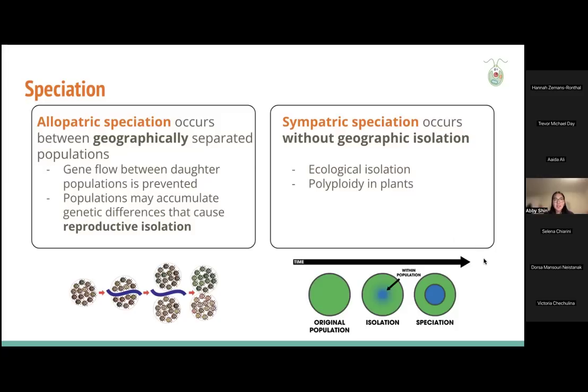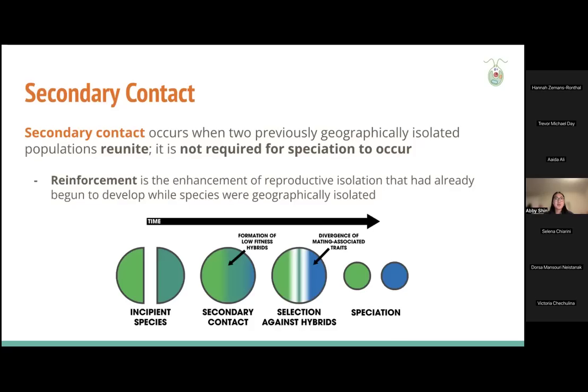With secondary contact, what occurs is when you have two previously geographically isolated populations and they come back together. If you're looking at allopatric speciation, let's say those two groups of wolves that were separated by the highway are able to interact again, then that is what we call secondary contact. And there are two main results of secondary contact.